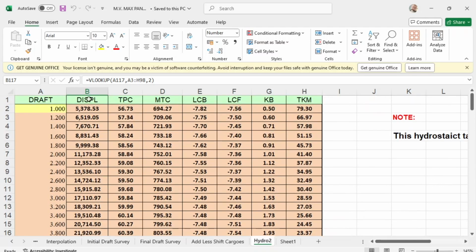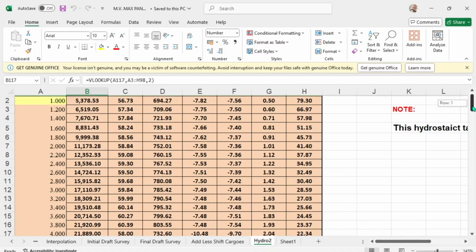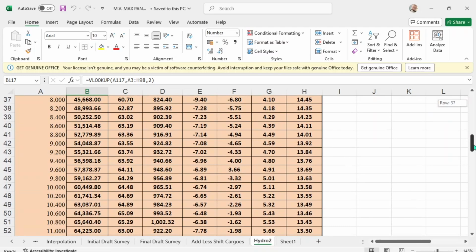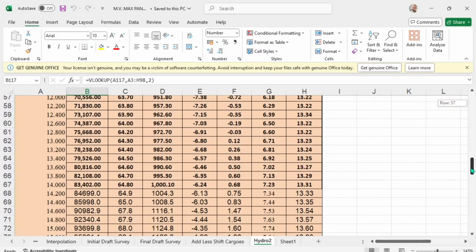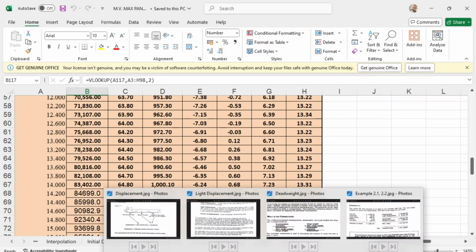This will be your displacement, and this will be your draft. So if you have a draft of 14 meters, the displacement is 83,402. So that is what is meant by displacement.